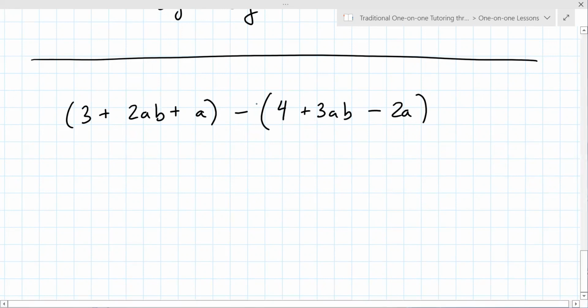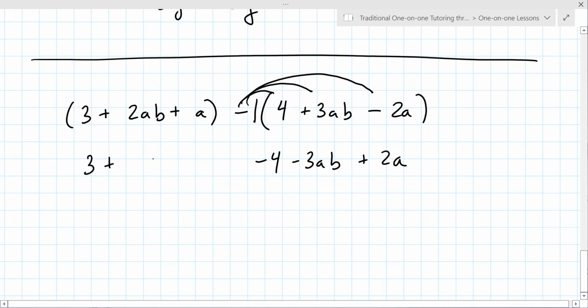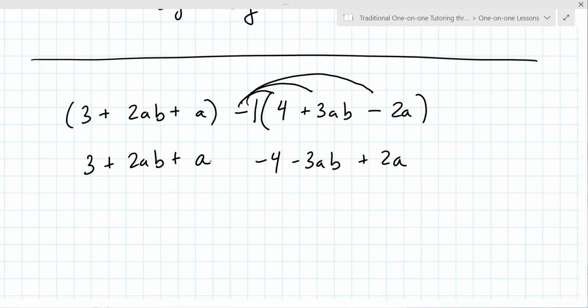But first thing you have to do is distribute this negative to everything on the right. So you get -4 minus 3ab plus 2a, 3 plus 2ab plus a. And now you have to do exactly what we just talked about, which is combining like terms. So I'd like you to try that for me, please.